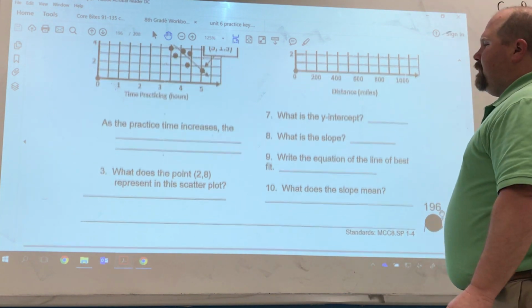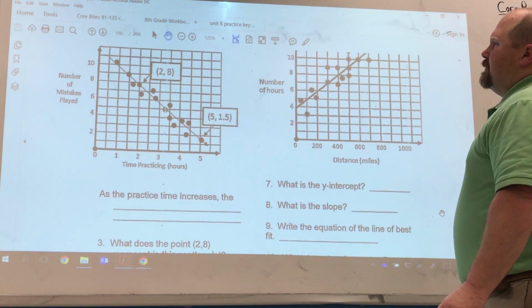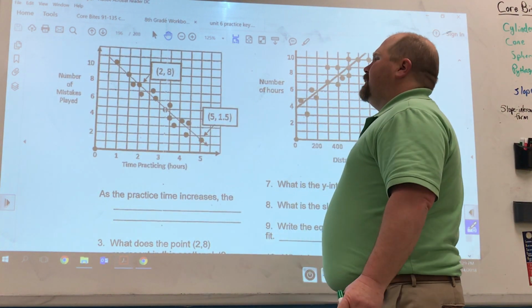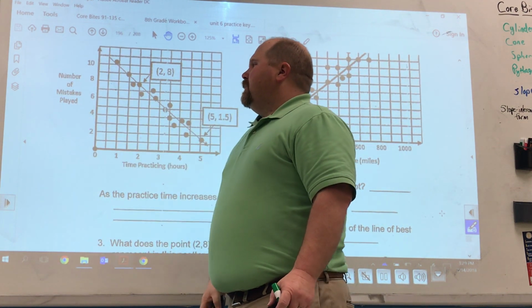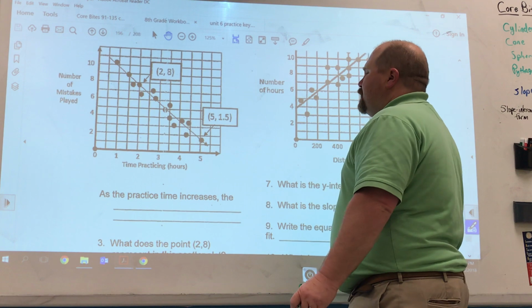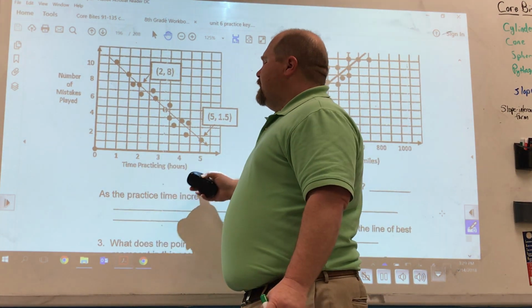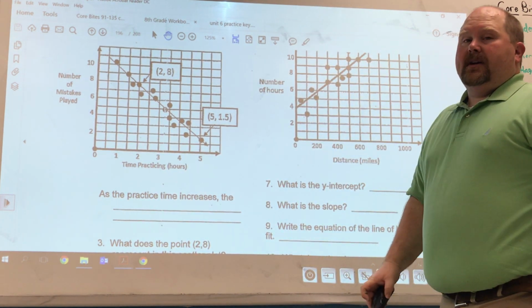3. What does the point (2, 8) represent in this scatter plot? So if we look right here, (2, 8). So we need to kind of talk about the rise and the run. So the 8 is your rise, and it stands for the mistakes, and the 2 would stand for the time practiced. All right, so when we start talking about these things, we generally talk about the x value first, which is the independent value.